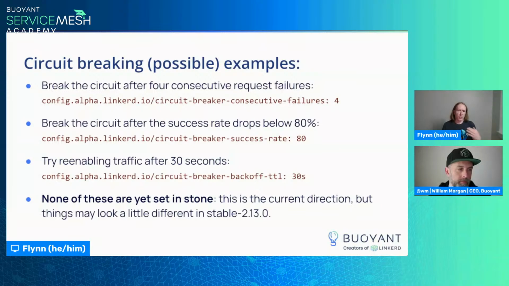Or if the success rate drops too low. And then you'll have a way to talk about how long you want to go after you kill it. How long do you want to go before you try it again and see if it's recovered? So there's a family of these things that will probably look something like this. But again, none of this is set in stone yet, so all of this is definitely subject to change.